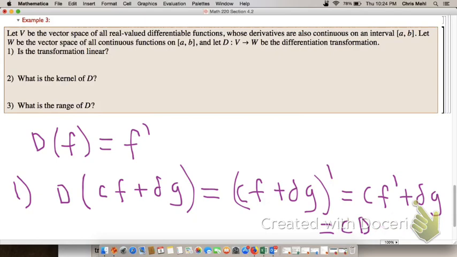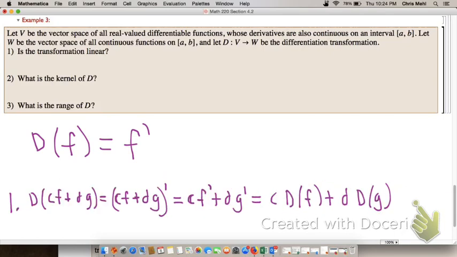Okay, and I'm screwing up my video here, so let me pause and rewrite this for a second with some more space. In that last step again, we knew that the derivative of cf plus dg is cf prime plus dg prime. Again, the derivative of a sum is the sum of the derivatives, and the derivative of a scalar multiple of a function is the scalar multiple times the derivative.